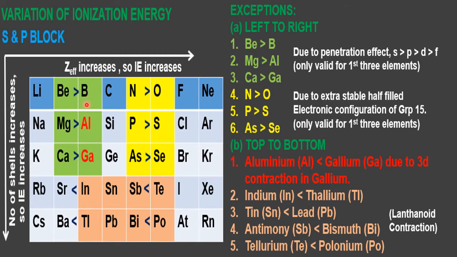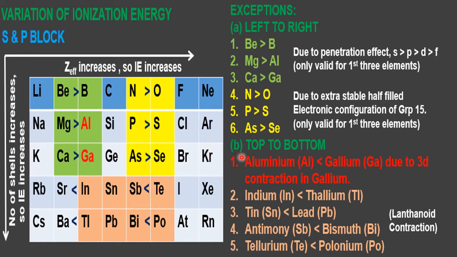The general trend says that when you move from top to bottom, IE should decrease, because the electron is going far away, so less energy is required to remove it. Now, when I move from aluminium to gallium, I am moving from top to bottom, so IE should decrease. But what is happening here?